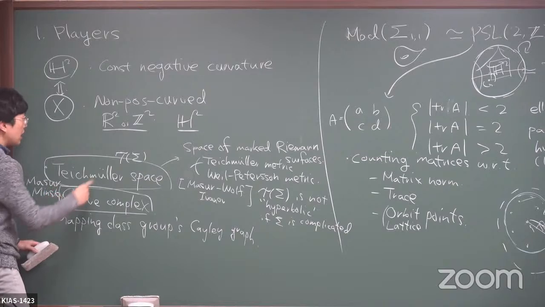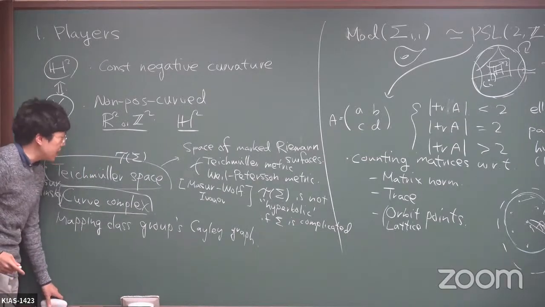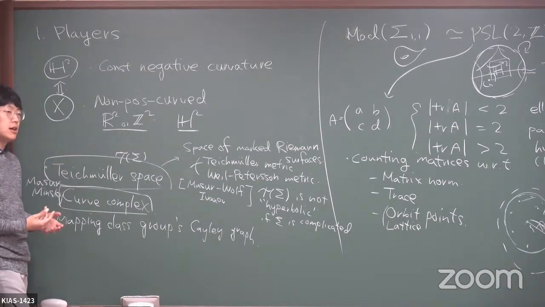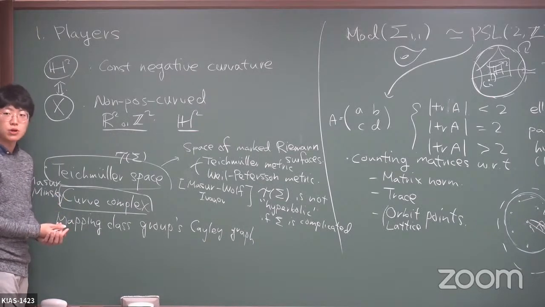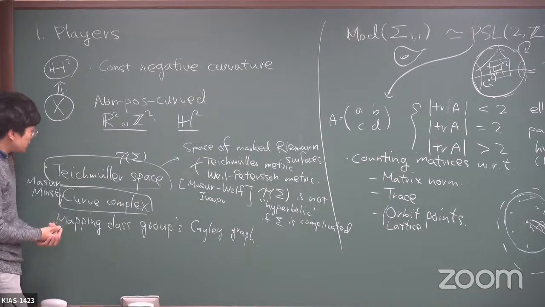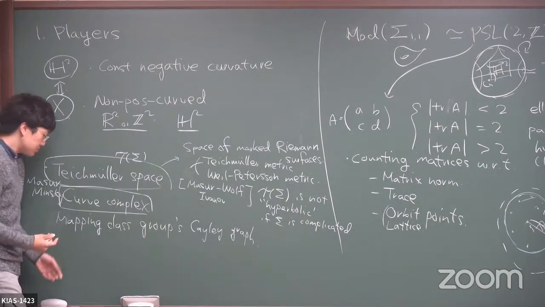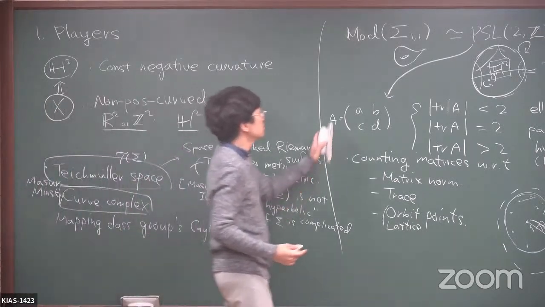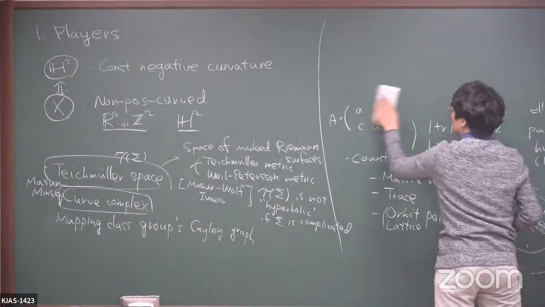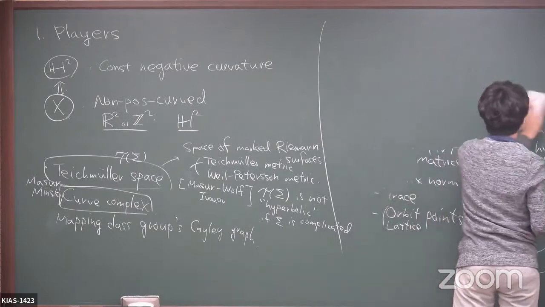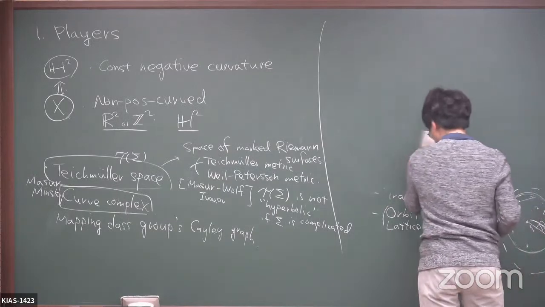Out of this Teichmüller space, they deformed the space in a pseudo way to obtain a uniformly hyperbolic but non-proper space, which is the curve complex. So the relationship between Teichmüller space and the curve complex is something like this.